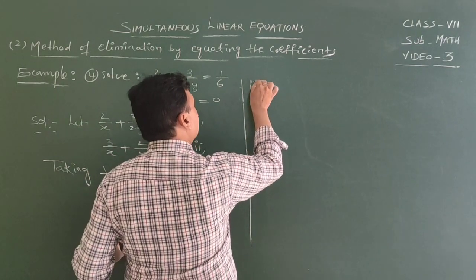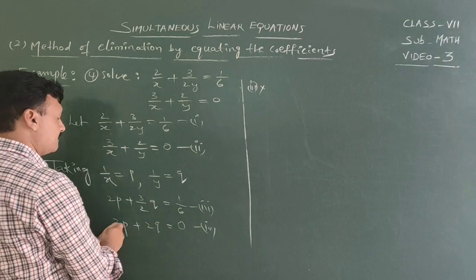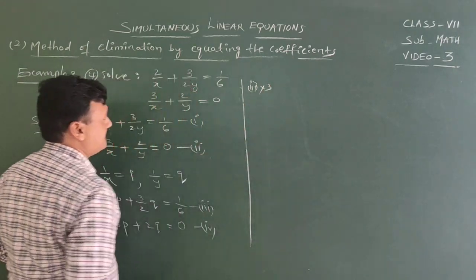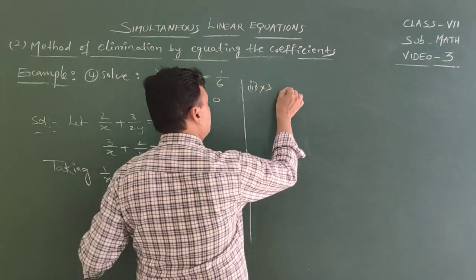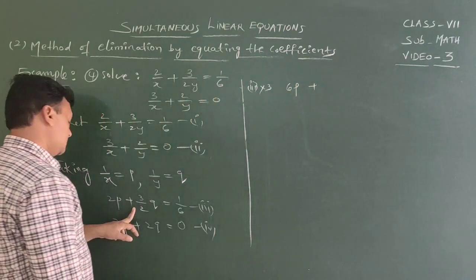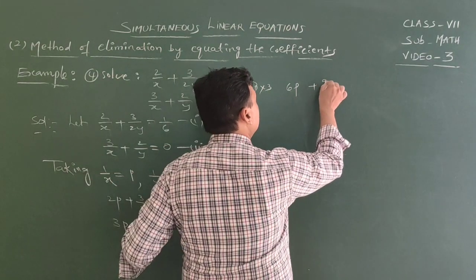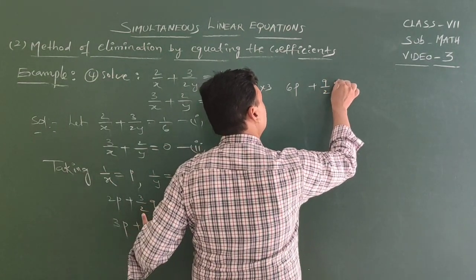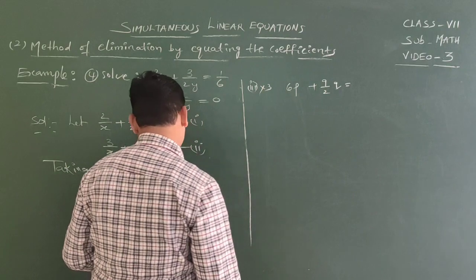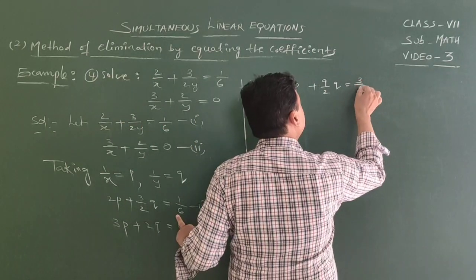Equation 3 by 3. Now 3 to 6p plus, it is multiplied by 3, means 3 is 9 by 2 q equal to 3 by 6.